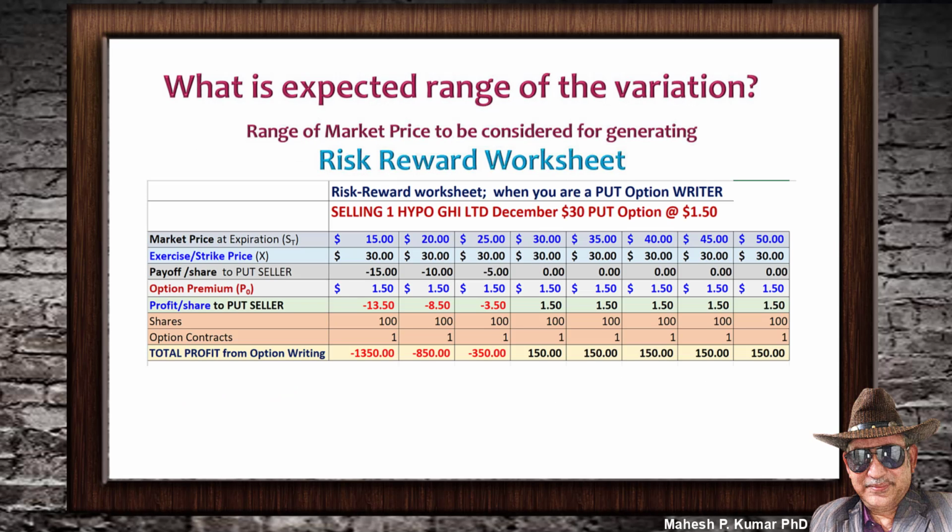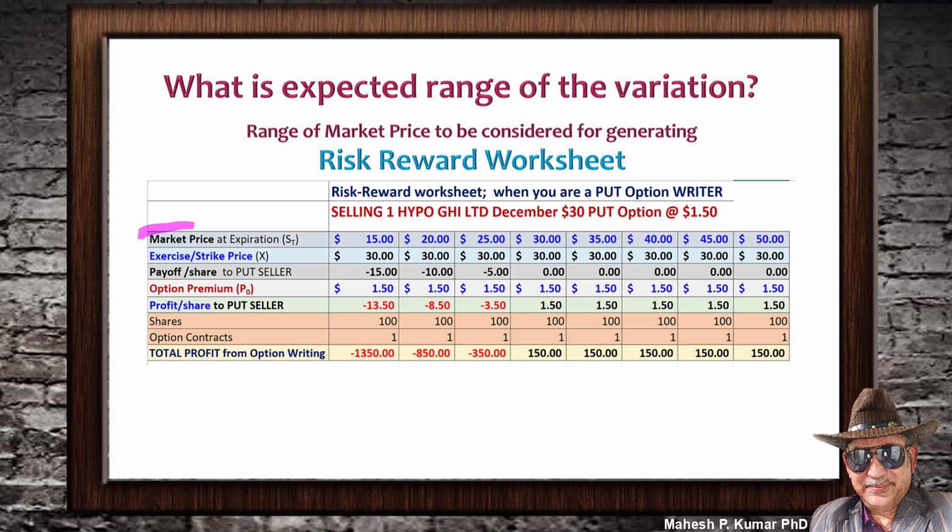The main focus in this learning is that we have to prepare the risk reward worksheet and also the graph later on. But when we are preparing the risk reward worksheet, what is the expected range of variation, that is, the range of market price that we will be considering while generating this worksheet.